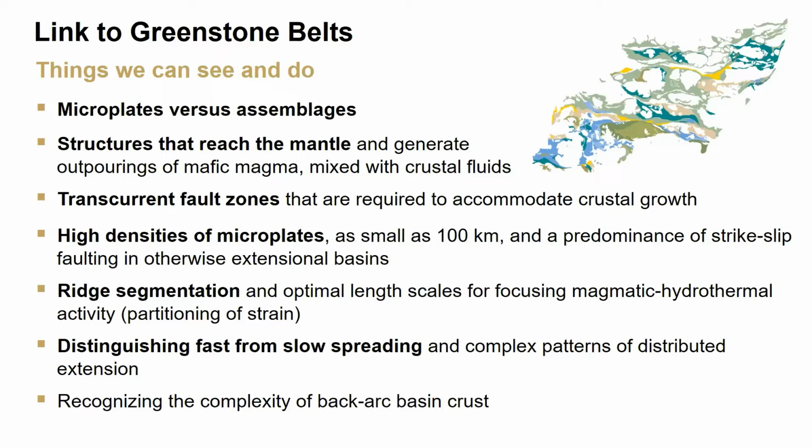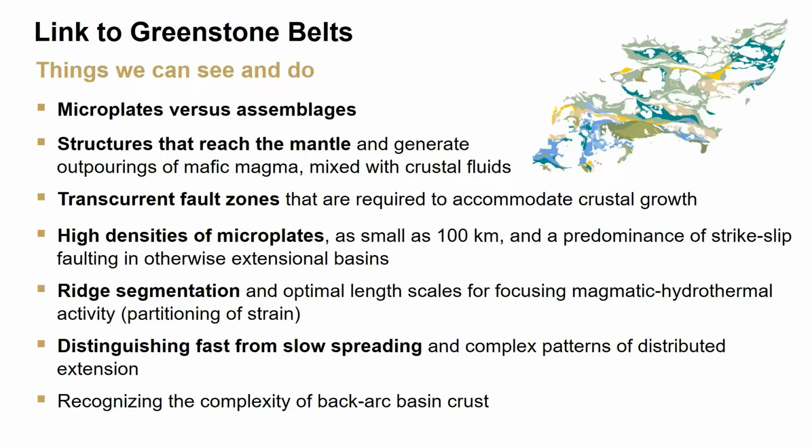And maybe we can even identify optimal lengths or optimal spacing of spreading centers to encourage abundant magmatic and hydrothermal activity. This ridge segmentation phenomenon is something that we already recognize from modern ridges as a control on melt distribution in modern spreading centers.